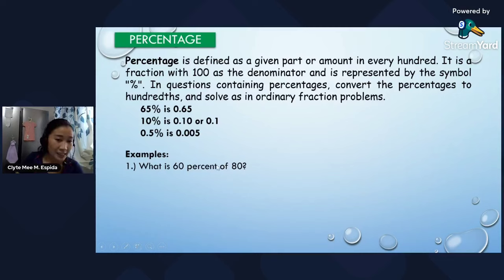Of is multiplication. So your equation would be X equals 60% of, that is times 80. So what do you think is the answer? What is 60% of 80? Comment down your answer. Wala pong choices ito. So try.